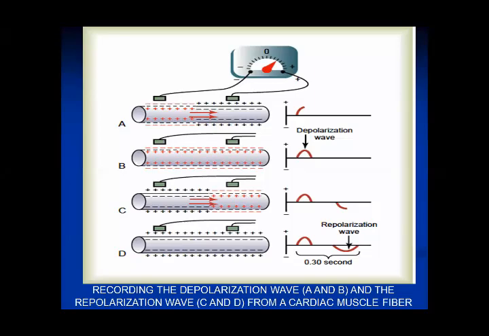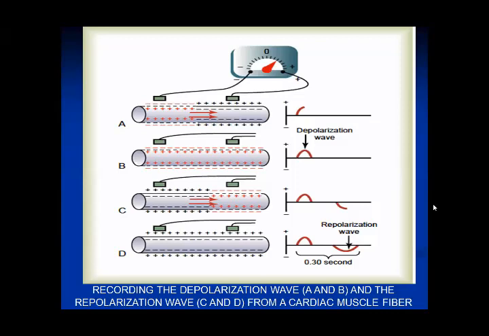As there would be no flow of current, there would be no wave formation. And if there is no wave formation, the wave would stay along the isoelectric line, as is shown by this deflection over here. So there is no flow of current, and that is why there is no positive deflection and no negative deflection.